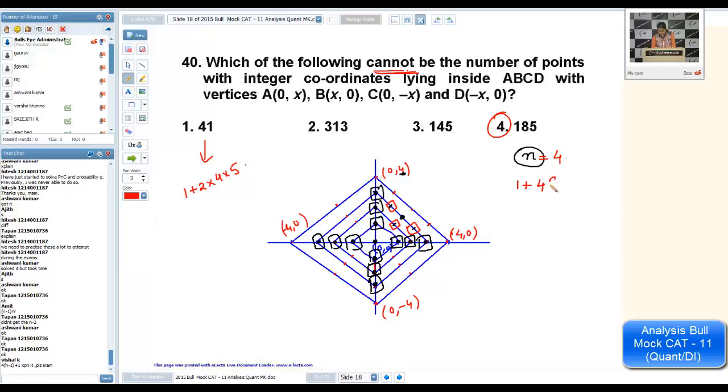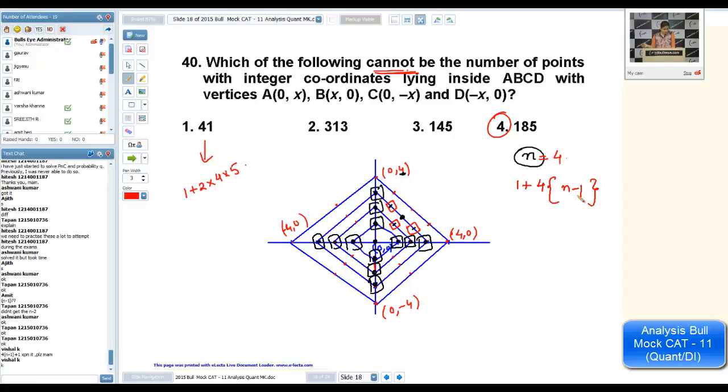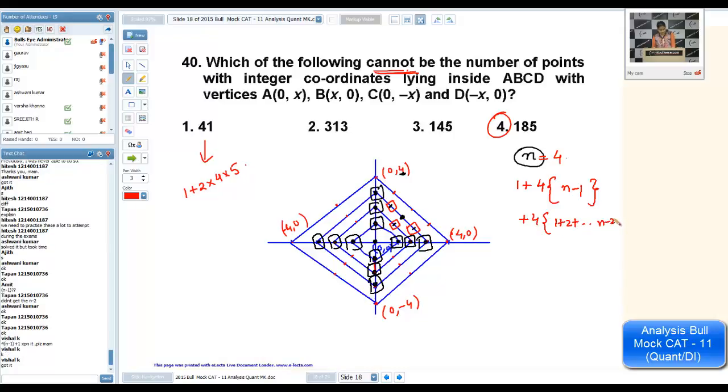I am getting 4 times how many points? n minus 1 points. Since I have taken n as 4 and I'm getting 3 points on a line, by putting n as 4, I'm getting 3. That's why I've taken n minus 1. That's why I'm taking 4 into n minus 1. Is it okay, Vishal? Are you okay with the remaining portion? That was 4 times 1 plus 2 plus so on up to n minus 2.